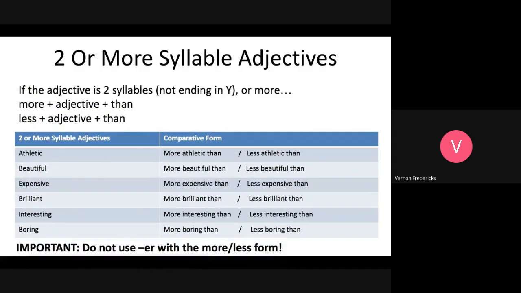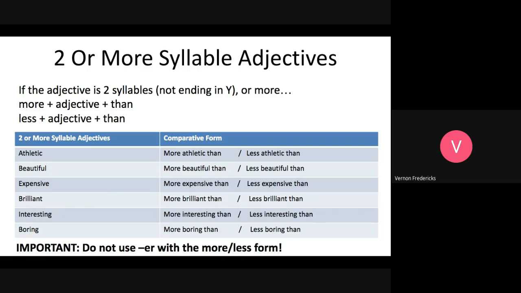Okay, two or more syllable adjectives. If the adjective is two syllables not ending in a Y, or more, we use more plus adjective plus than.